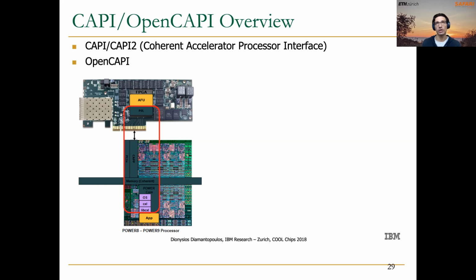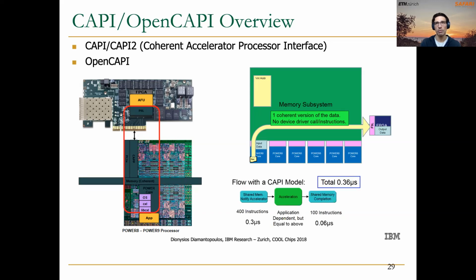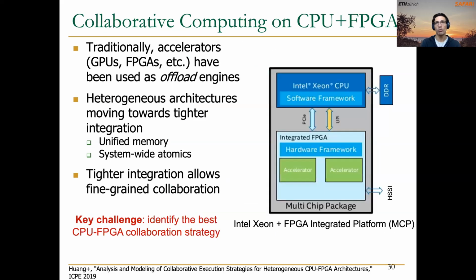This interface allows the seamless integration of an accelerator, for example an FPGA, into a CPU system, and for the CPU to have direct access to the memory of the FPGA or vice versa. And not only OpenCAPI, we have also seen similar ideas in Intel devices as well.